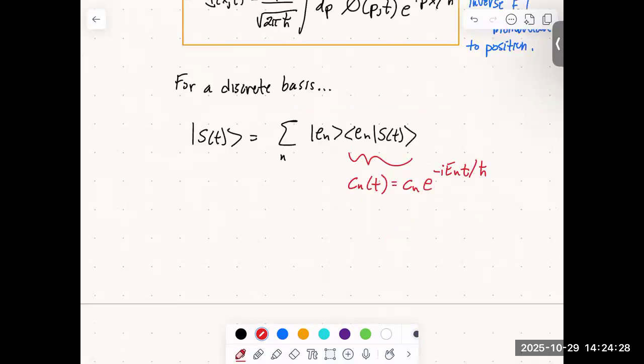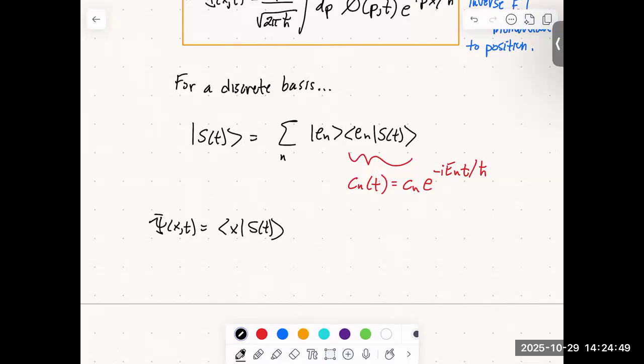So that means if I wanted to, I could again construct my wave function in terms of position variables. And to do that, I'm just going to act on this thing.